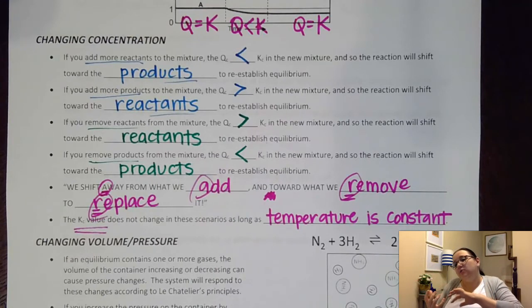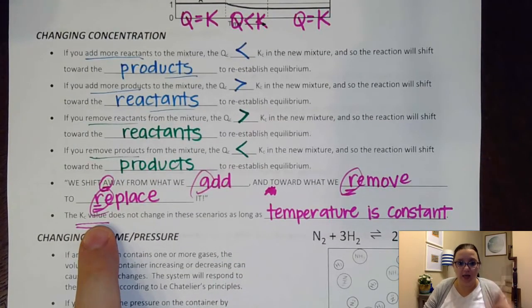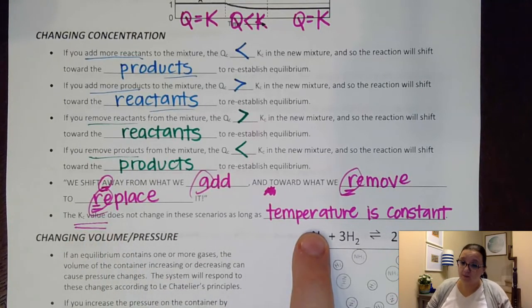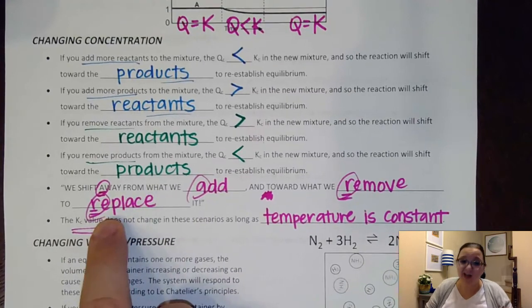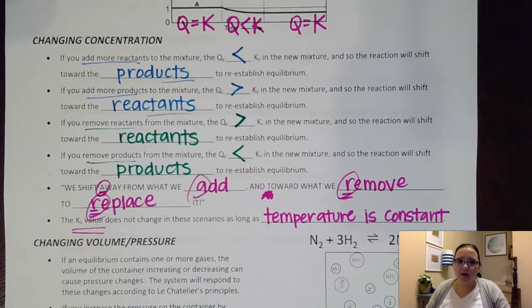All I'm doing is changing my scenario off of being at equilibrium and then trying to get that ratio back. So all of these do not change the K value. They change Q, which we then need to get back to K. Now, temperature, if I change that, does change the K value, and we'll talk about that scenario in just a minute.